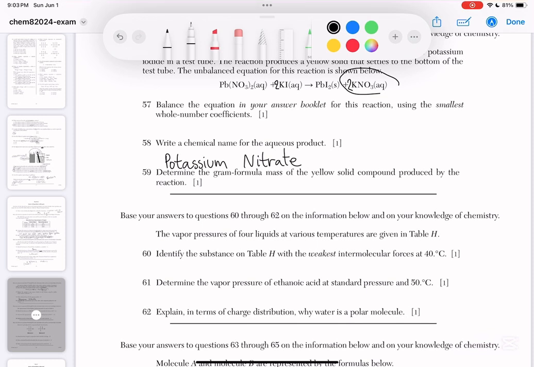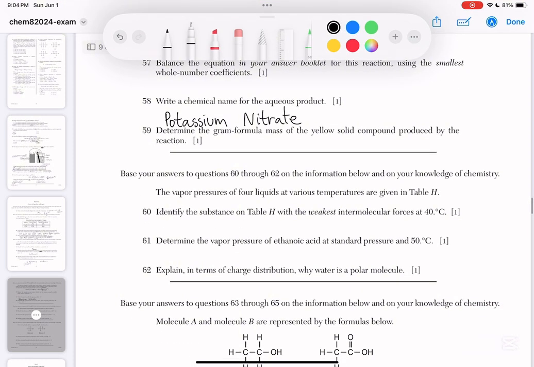And then the gram formula mass of the yellow solid compound produced by the reaction would be lead iodide. I need to get my reference table because I don't have it here.